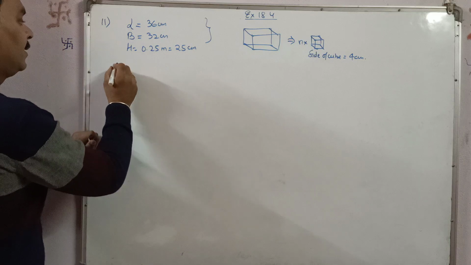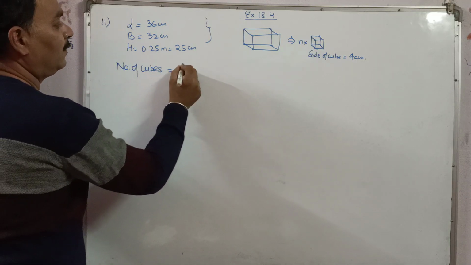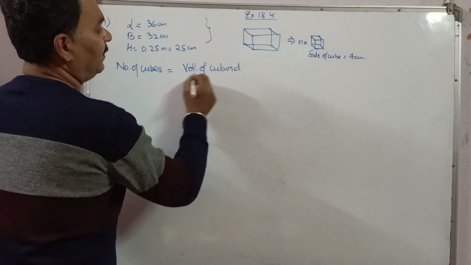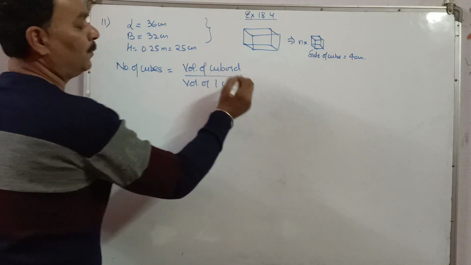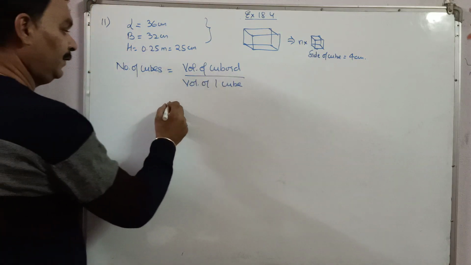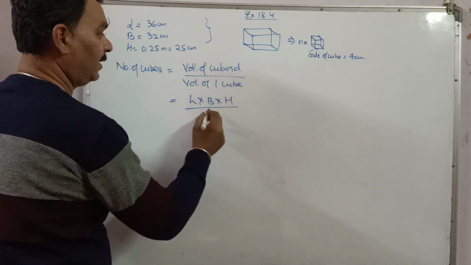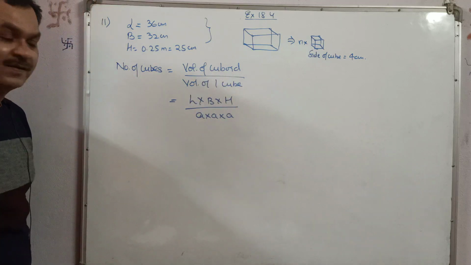So number of cubes is equal to volume of cuboid divided by volume of one cube. Now since we know that volume of cuboid is length into breadth into height, and the volume of cube is a into a into a, that is side into side into side.